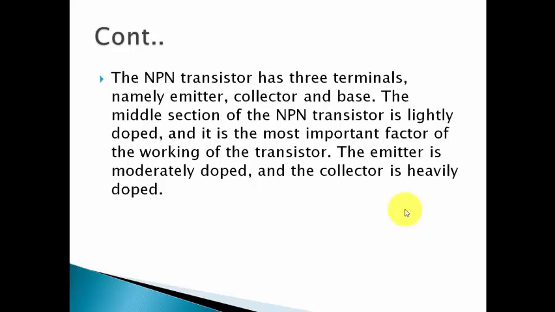The middle section of the NPN transistor is lightly doped, and it is the most important factor in the working of the transistor. The emitter is moderately doped and the collector is heavily doped. So in the NPN transistor there are three terminals, and the base is lightly doped. The emitter is moderately doped and the collector is heavily doped.